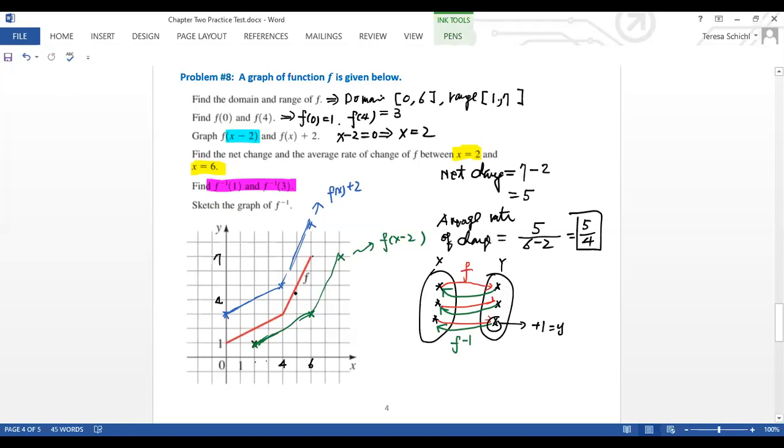Let's focus on the red lines here, right? Which one? It's 0, right? So I know f inverse of 1 is equal to 0, because this is the x point. Now you go backward, that means I'm finding the x value. Okay, so now this is f inverse of 3.